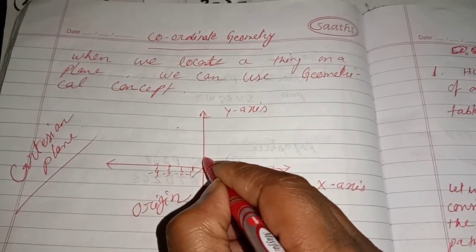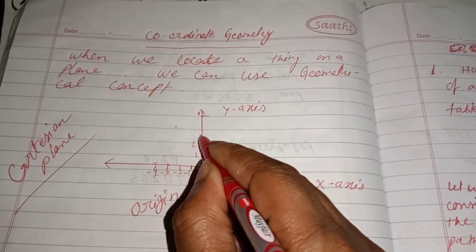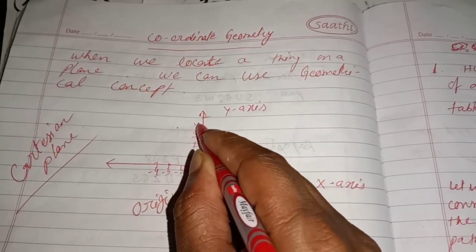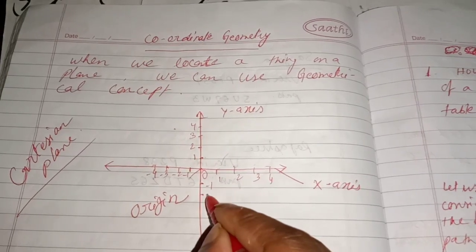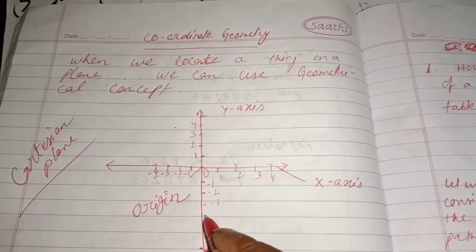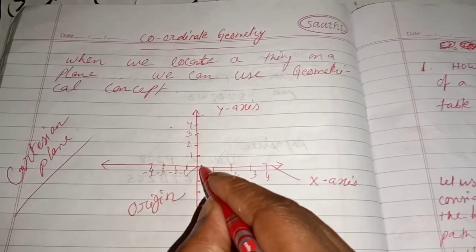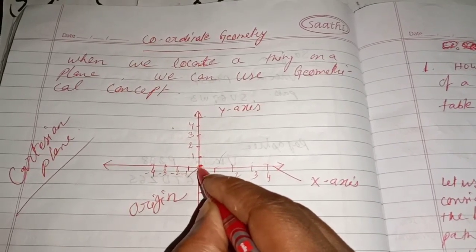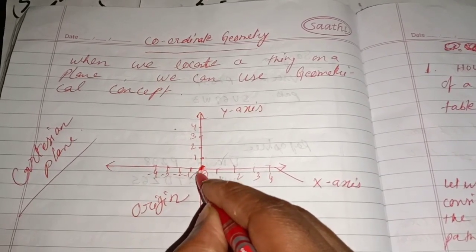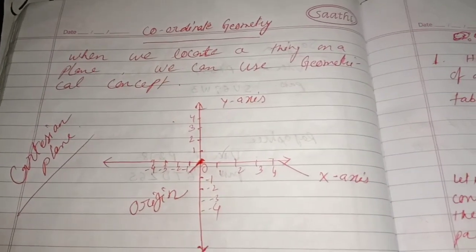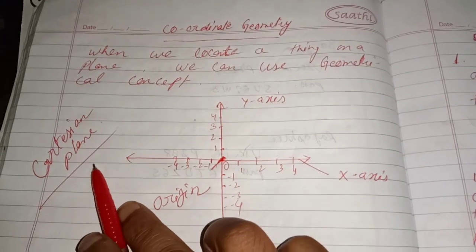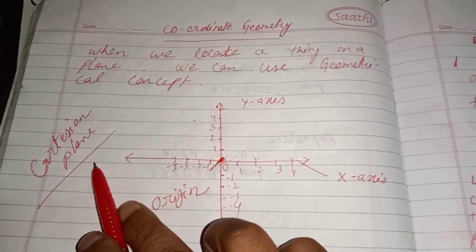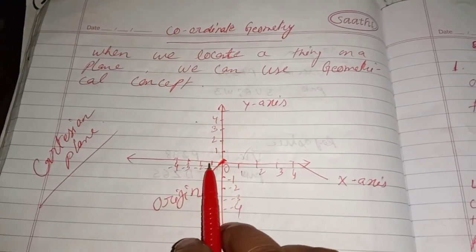And this side is plus 1, plus 2, plus 3, plus 4, 5, 6, like that. And this side is minus 1, minus 2, minus 3, minus 4. This intersecting point is called the origin. Understood? And this whole plane is called the Cartesian plane. Understood?